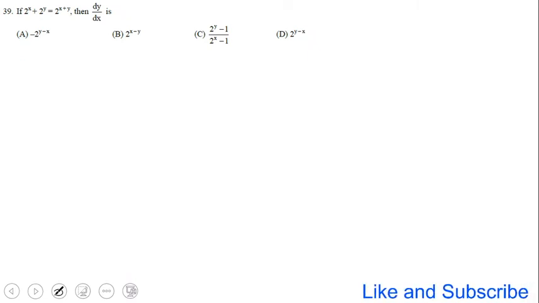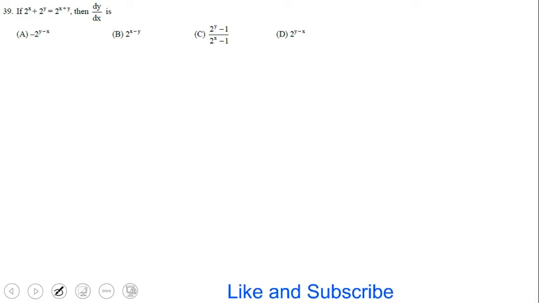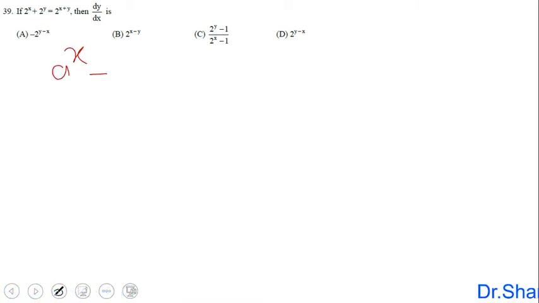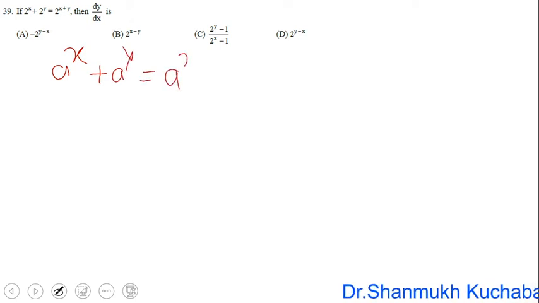It is given that 2 raised to x plus 2 raised to y equals 2 raised to x plus y. Then we have to find the value of dy by dx, so we have to calculate the differentiation. It is of the standard form a raised to x plus a raised to y equal to a raised to x plus y.